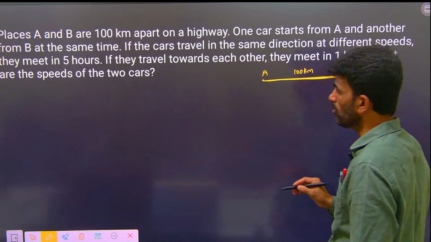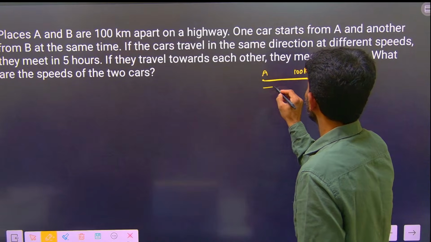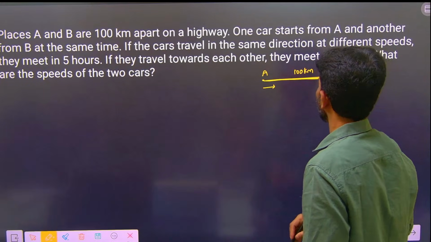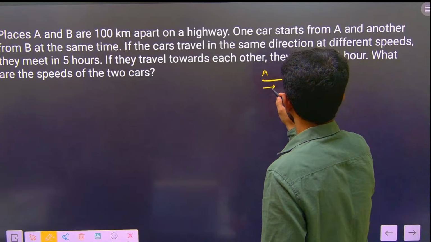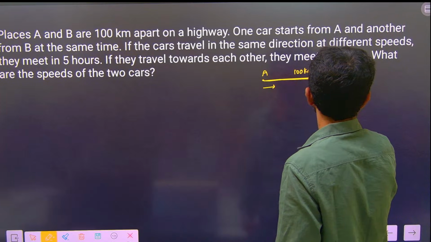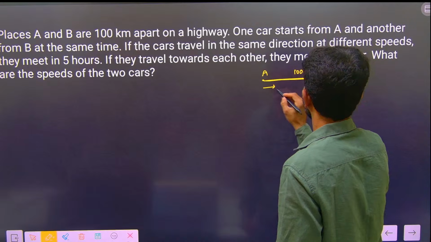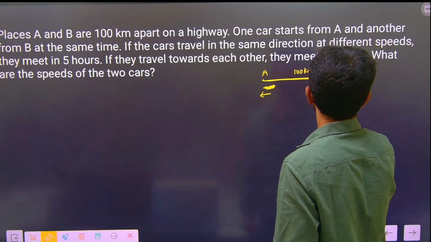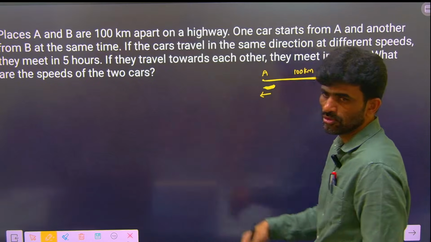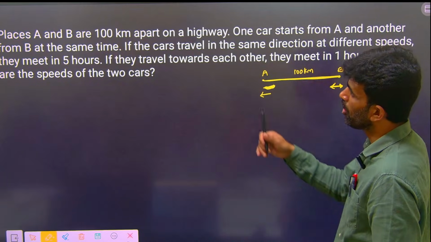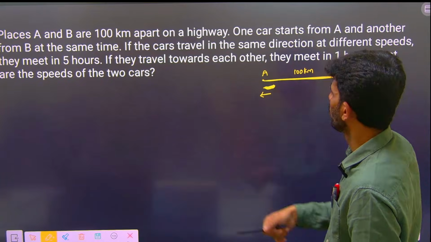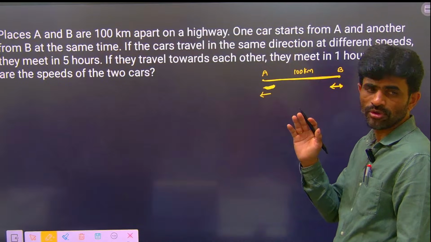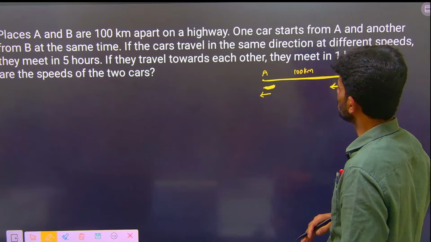Now when they both are traveling in the same direction, let us take it like this, in the direction of A. Suppose both are going in the direction of A, how much time do they take to meet? 5 hours. A is going, B is also going, they will take 5 hours to meet.